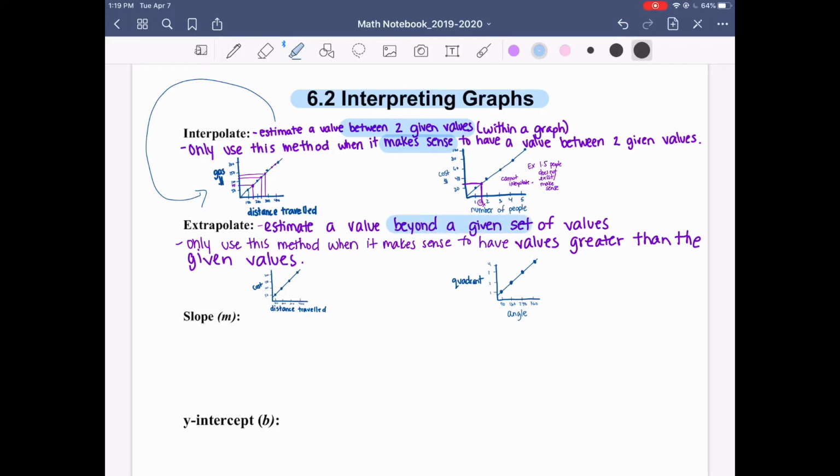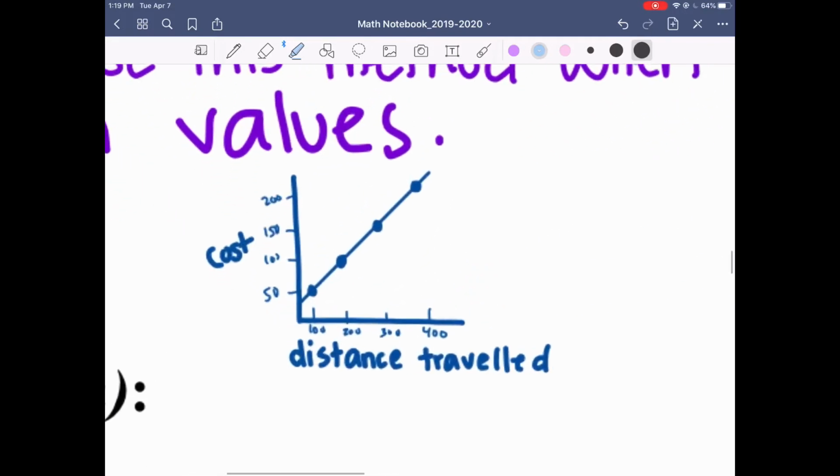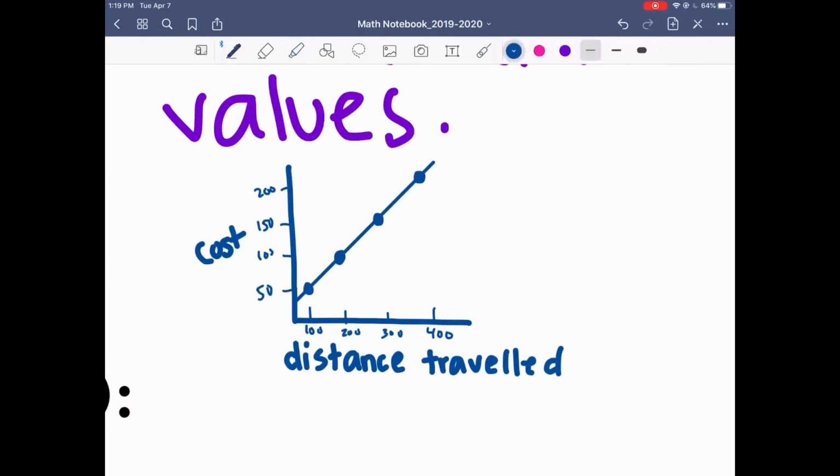If you look at a trend of a graph, for example, this one, and it asks you to figure out something that's maybe not given in the graph, for example, in this graph of how much money it costs versus distance traveled, if I ask you how much it will cost for 500 kilometers traveled, you can probably figure that out based on the trend of the graph.